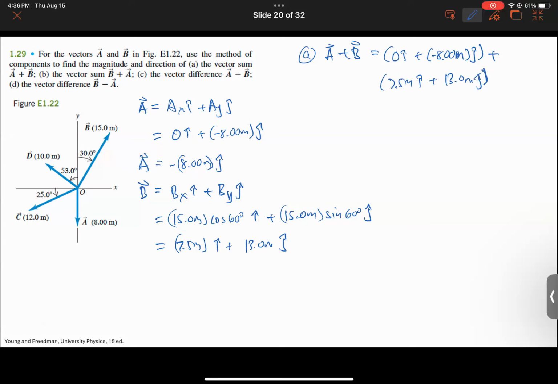Ang i-add natin dito ay yung pare-pareho ng unit vector. So we only add 0 and 7.5 together kasi pareho silang coefficients ng unit vector I hat. And i-add natin yung negative 8 at saka 13 kasi pareho silang coefficients ng J hat. So ang result is A plus B is equal to 7.5 meters I hat plus 5.0 meters J hat.